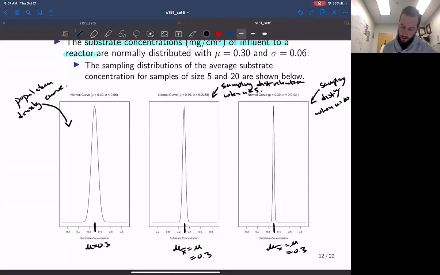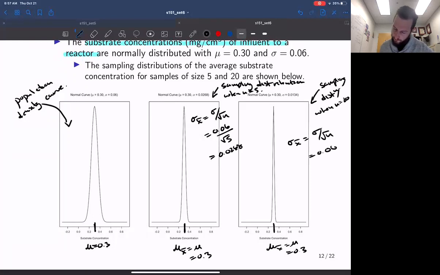But we also know that sigma x bar is sigma over the square root of n. So that's 0.06 over the square root of 5, which is 0.0268. And here we have 0.06 over the square root of 20, which is 0.0134.